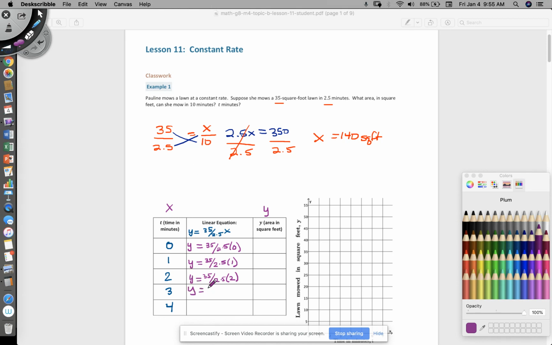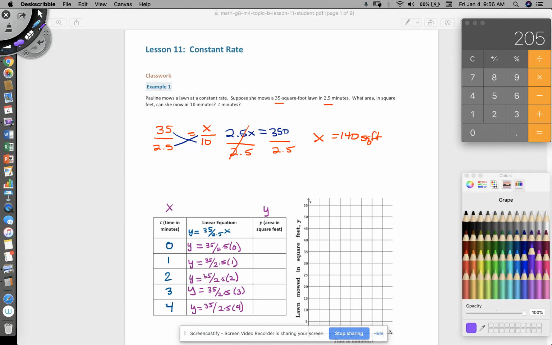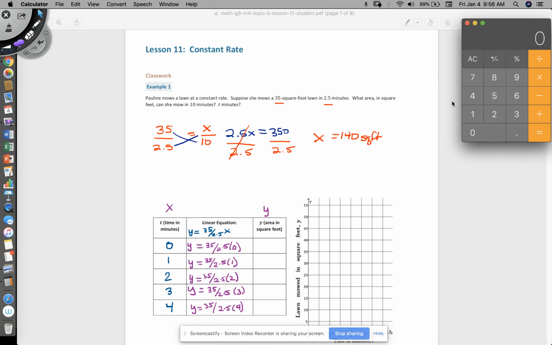Y equals 35 divided by 2.5 times 3. Y equals 35 divided by 2.5 times 4. All right, so at least now I know what I'm going to be doing each time. And I'm going to use the side of my paper here for some extra workspace, and I'm going to get my calculator out. So if you remember, you can use your calculator as long as you're able to show the work as well.